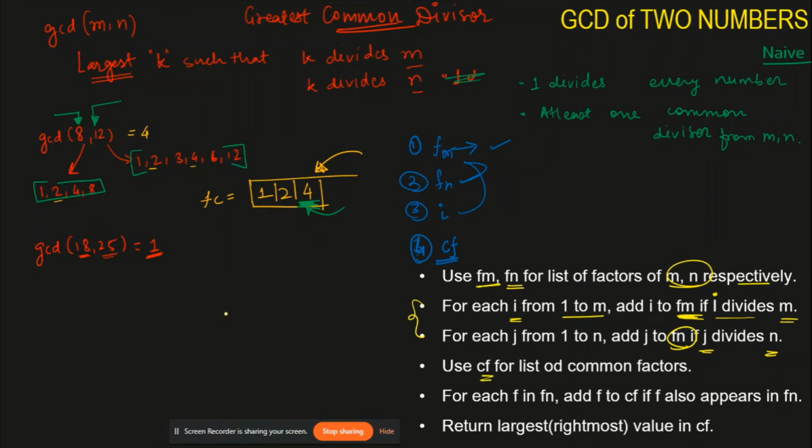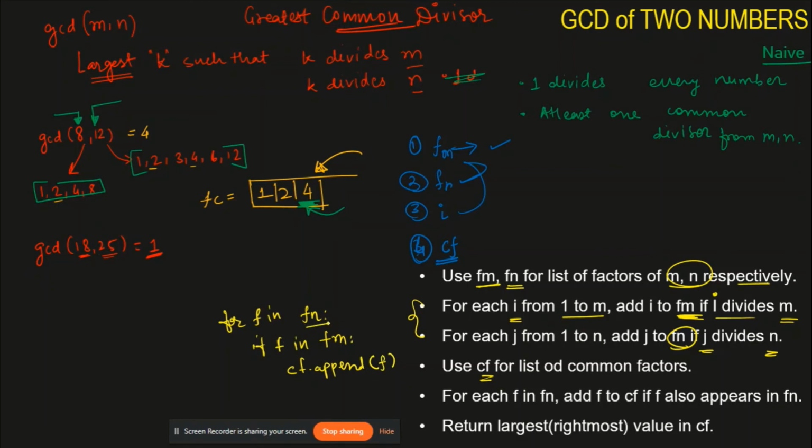So for f in fn, if f is in fm, then we do cf.append(f).